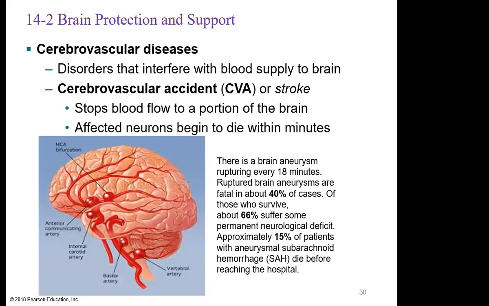So ischemic stroke is an interruption in supply. Hemorrhagic stroke is less likely to happen. However, hemorrhagic stroke is more likely to cause fatality.